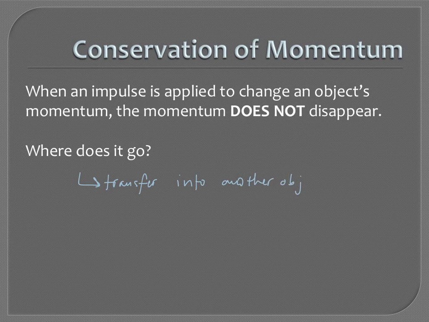But it does not transfer into any old object. It has to transfer into an object it collided with. So if you have an object here moving this way and it collides with another object, kapow, then that momentum transfers over.